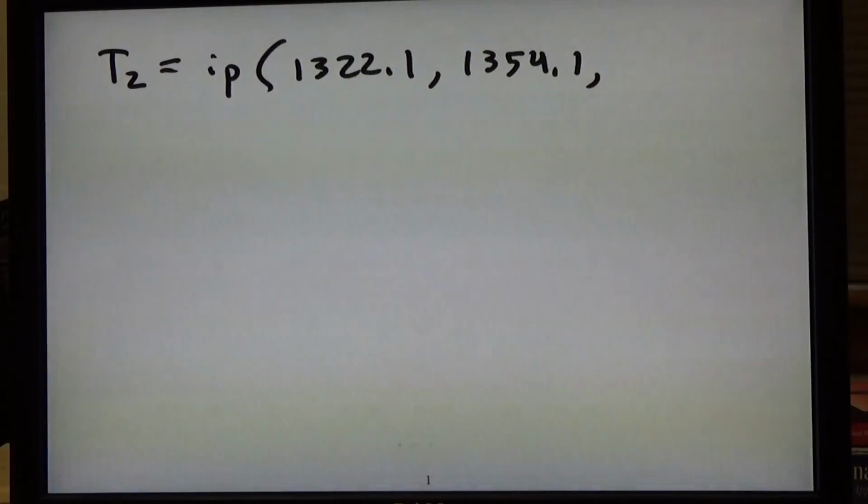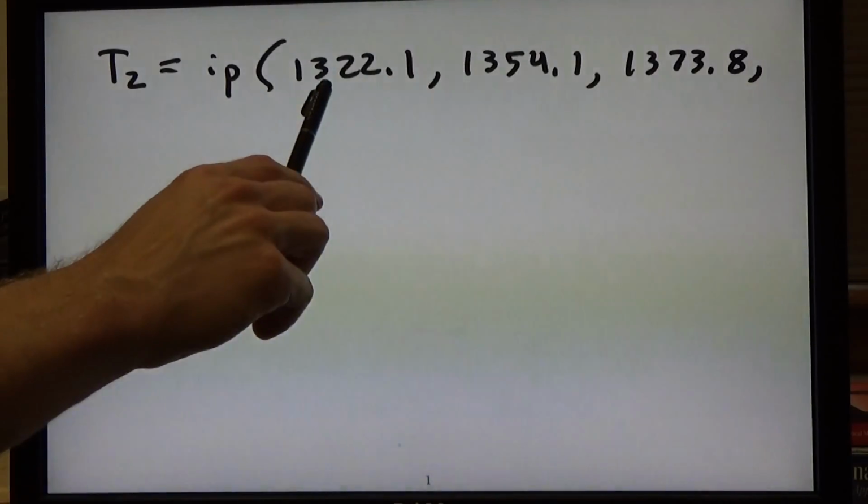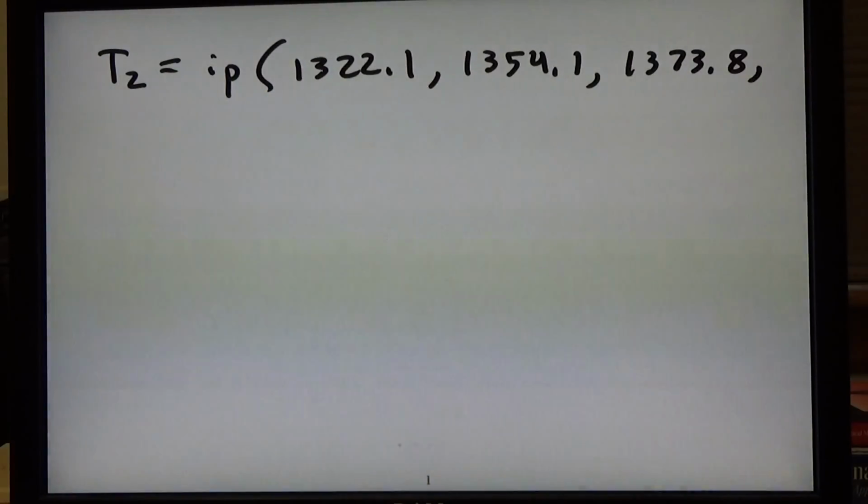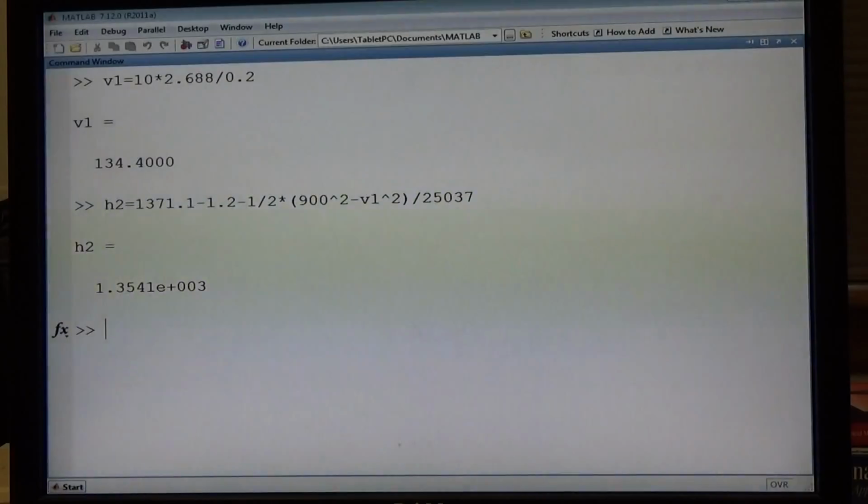The second table number, the higher one, was 1373.8. And then the temperatures that correspond to this number, 1322, 600. The one that corresponds to 1373.8 was 700. So we can run this in our interpolation program to get T2.